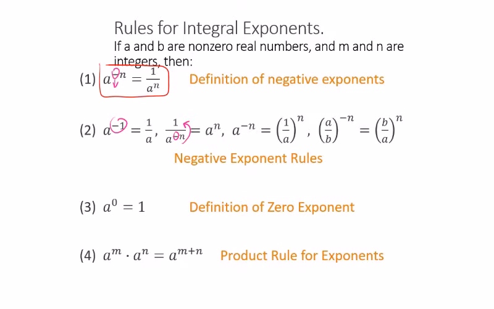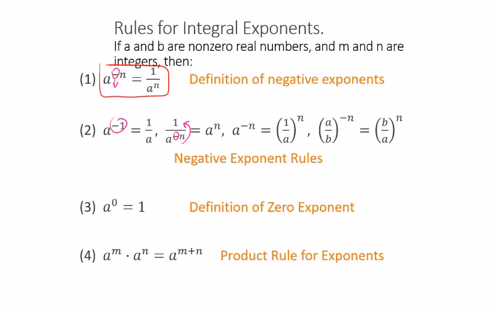All right, and so you can also, if you have a to the negative n power, you can write that as 1 over a to the n. So using the power rule to some extent, or at least, almost the reverse of the power rule.